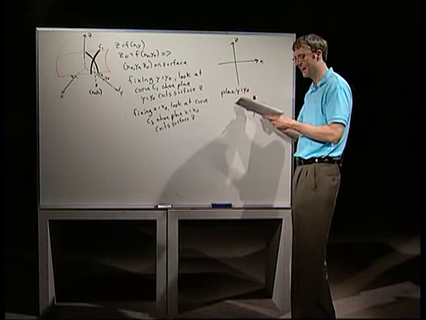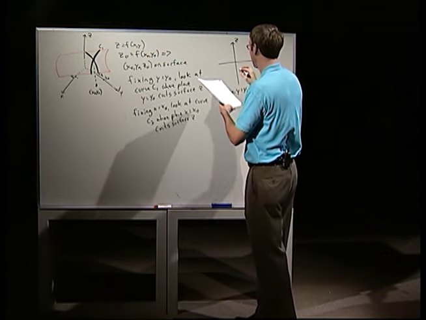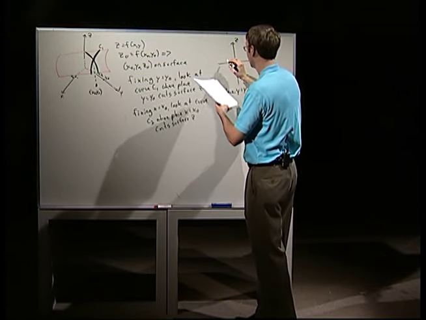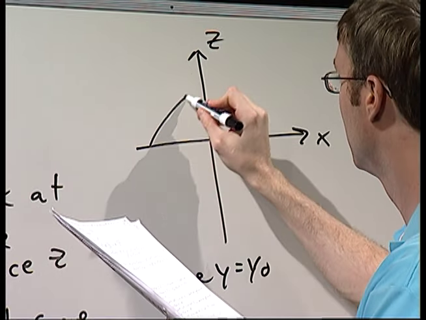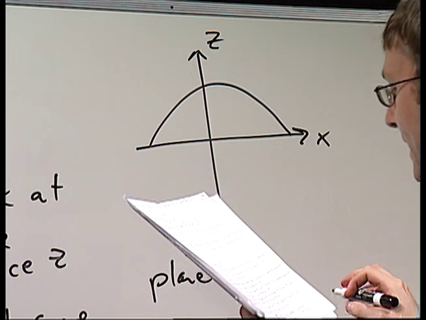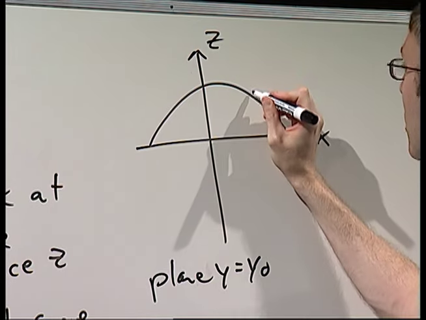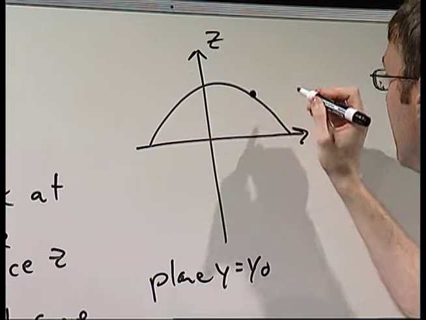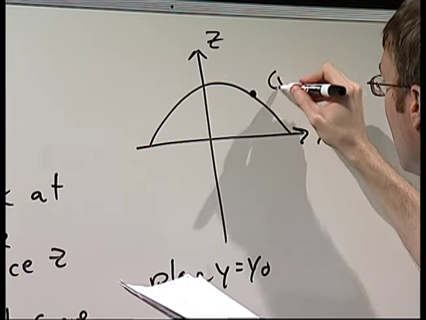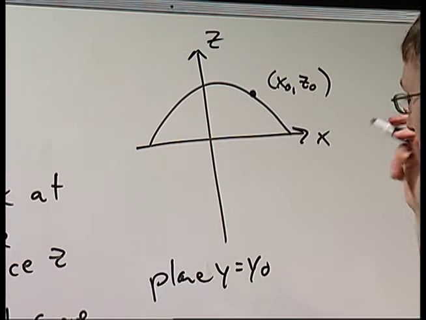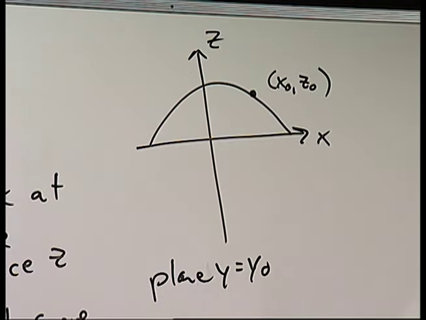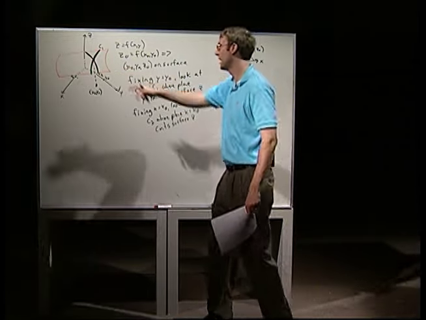I made one of the variables fixed. So I can now say, well, what does my curve look like? It looks something like that. And maybe right there, that's x naught, z naught. So this is a picture of what this curve looks like in the plane y equals y naught.